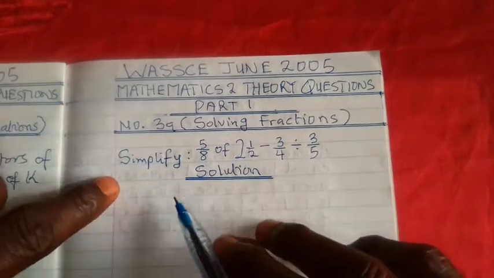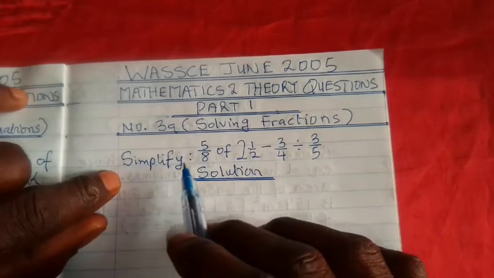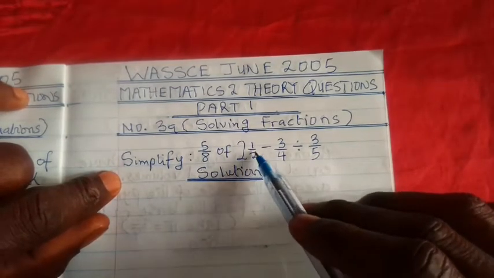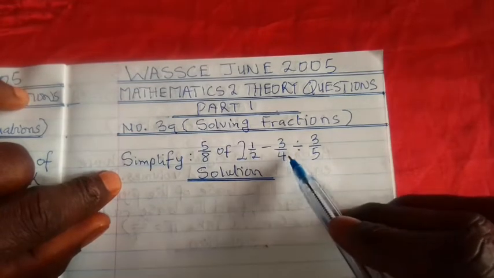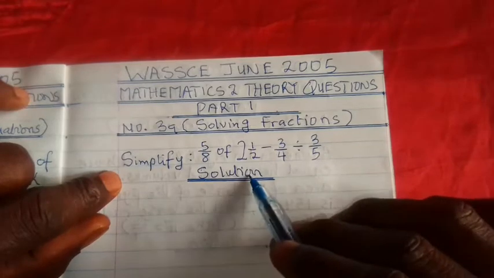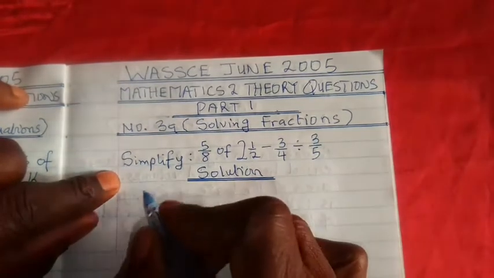Now let us consider this example, this question here displayed. It says simplify 5 upon 8 of 2 1 upon 2 minus 3 upon 4 divided by 3 upon 5. Now let's take the solution. As I always encourage you, it is proper for you to rewrite the question.